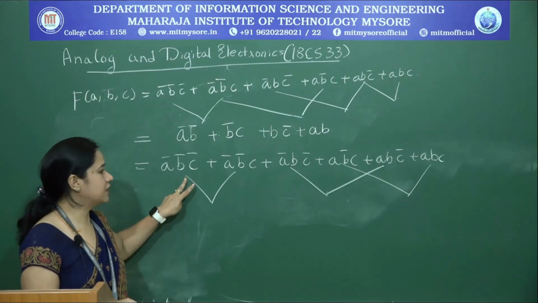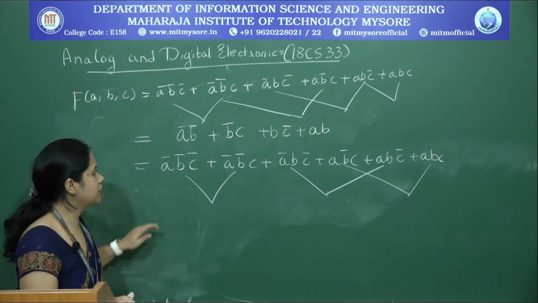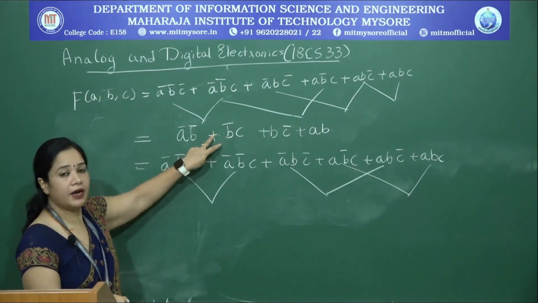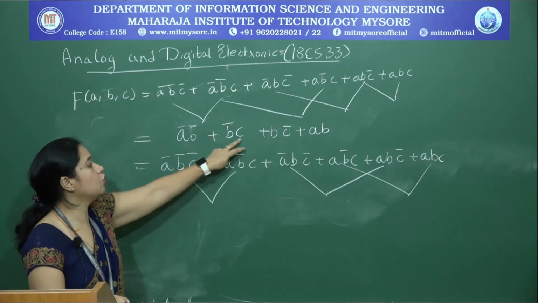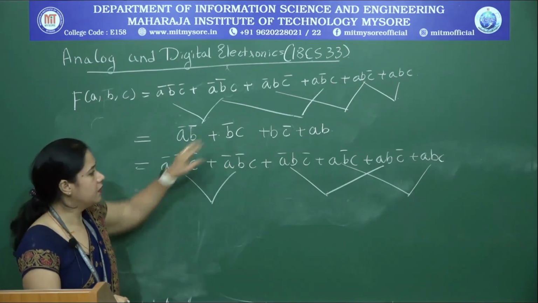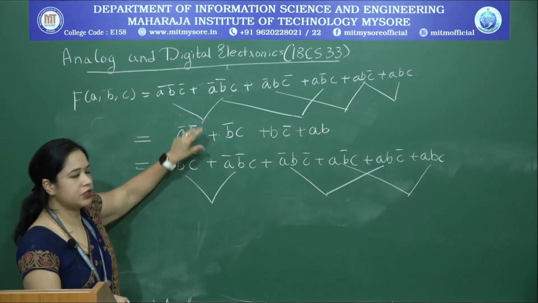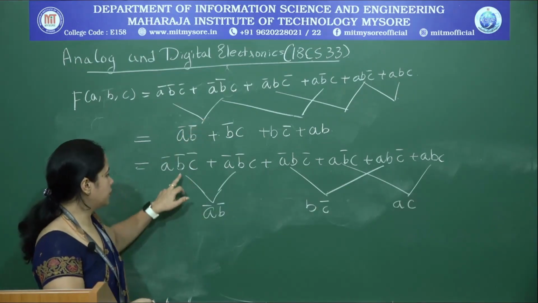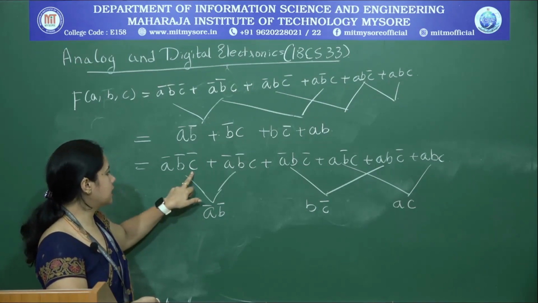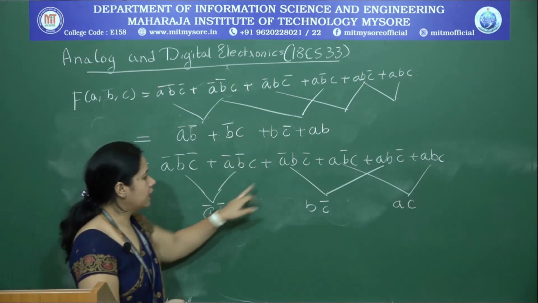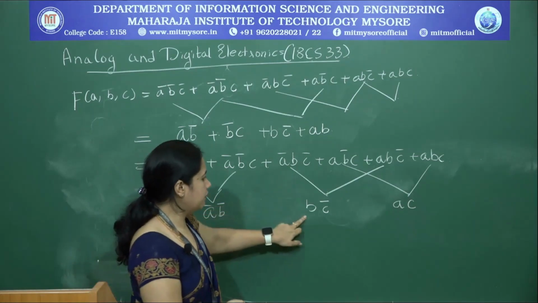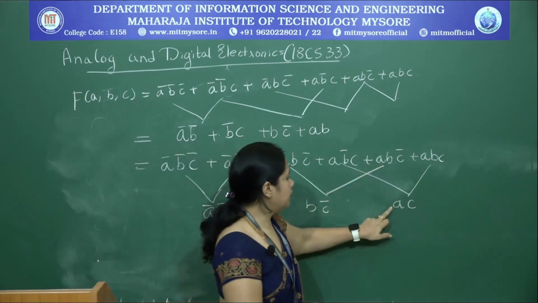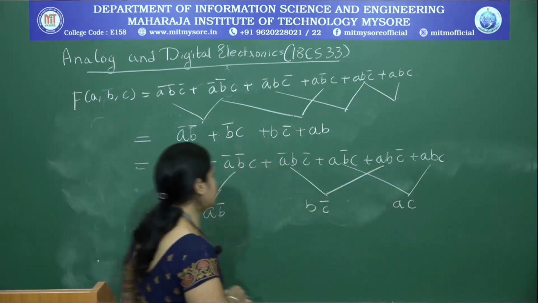Now, I will try out a different pair of combinations. Please note here we have applied the uniting theorem and there is no room for me to apply the consensus theorem, so this cannot be further reduced using the second step. Okay, I am trying out a different pair of combinations. Here C is eliminated, we get A bar B bar, here A is eliminated, we get B C bar, and here B is eliminated, we get AC.